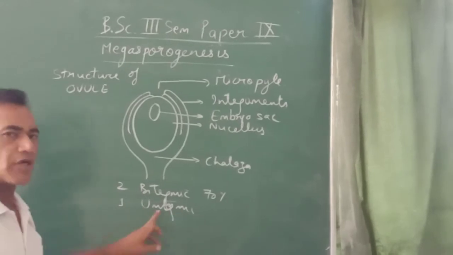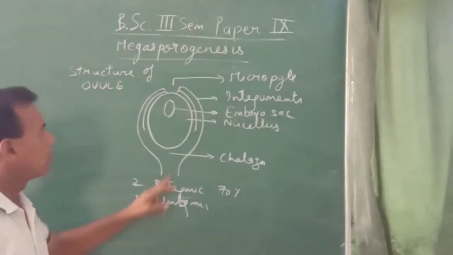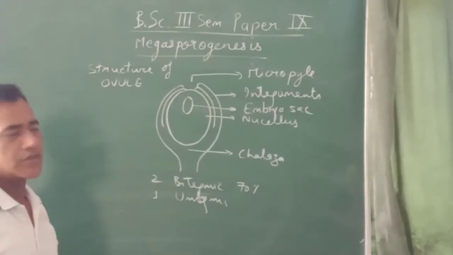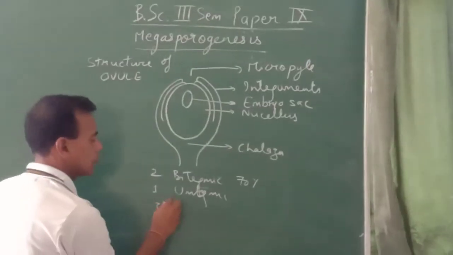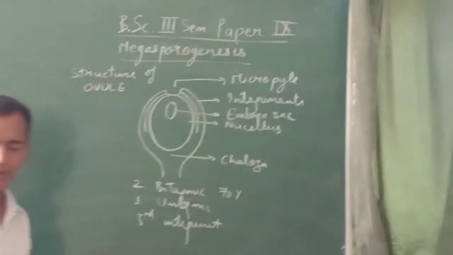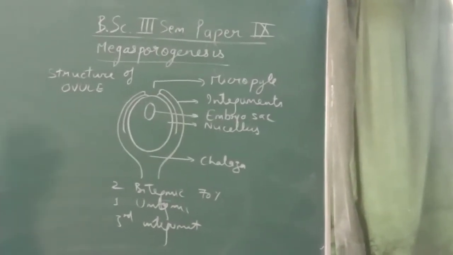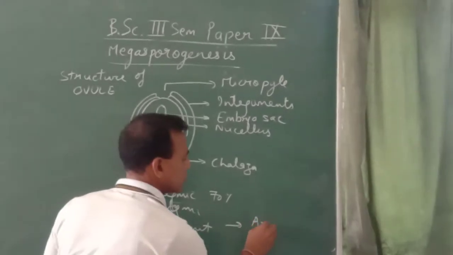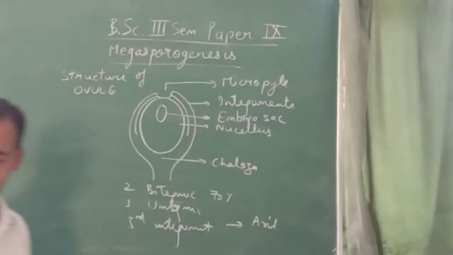The unitegmic condition may be formed by the fusion of these 2 integuments. Sometimes a third integument is also present, for example in the case of lychee, Euphorbiaceae, and this third integument is known as aril.